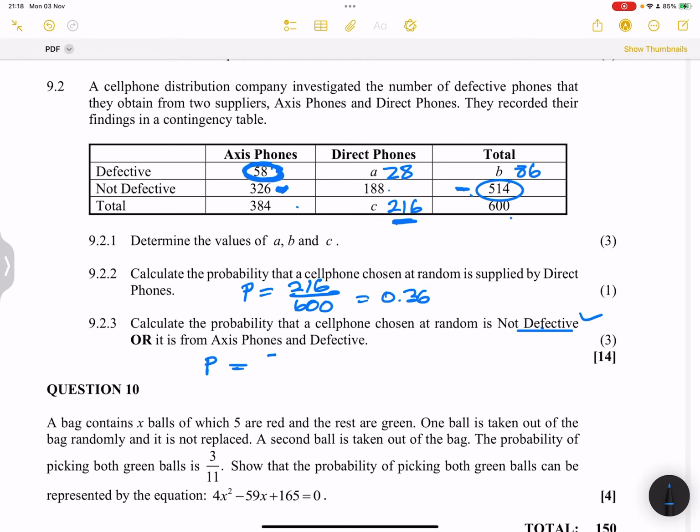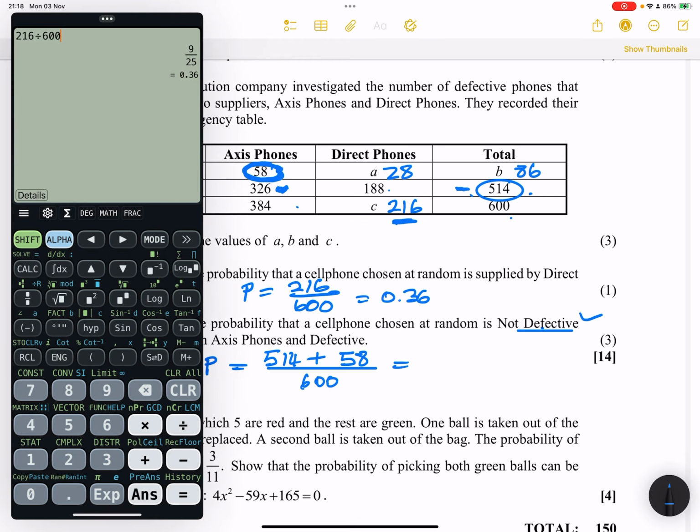Now I want you to please note in this case that we were looking for, if I added those two, 514, or they are axis and defective, so that's plus 58.